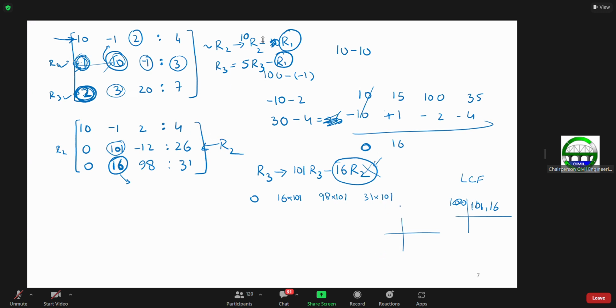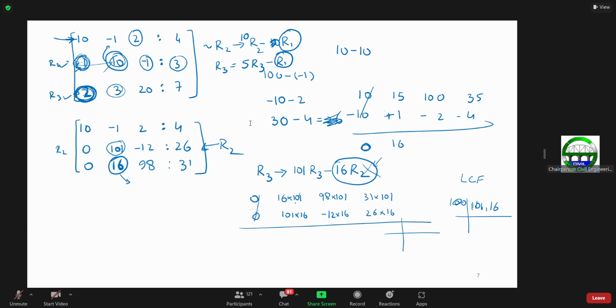We have this one. And then 16 R2: 0, and then it will be 101 into 16, and this one will be minus 12 into 16, and then this one will be 26 into 16. So we will subtract it.